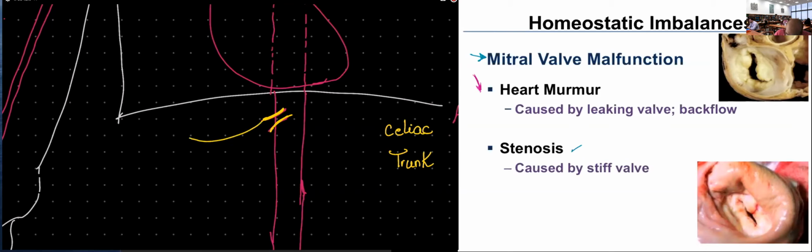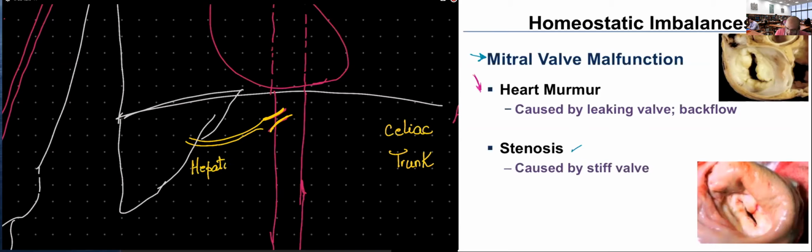One will give the blood supply to the liver, and if you remember, something related to the liver is called hepatic. So what do you think we're going to call this artery that supplies the liver? It's my hepatic artery. Exactly.